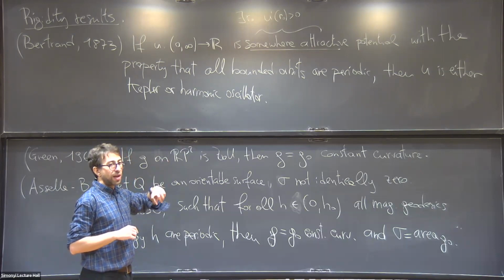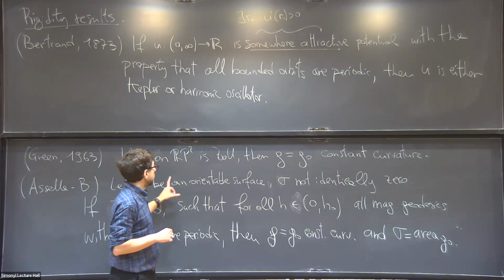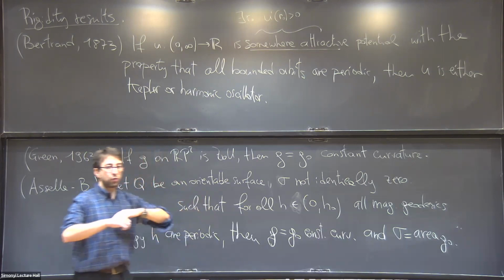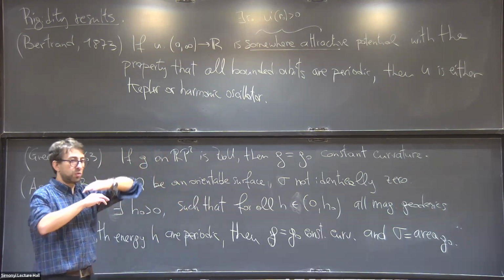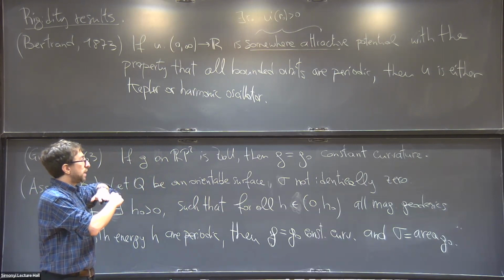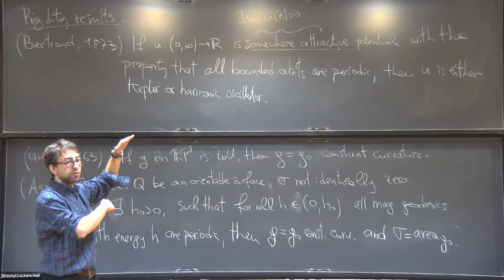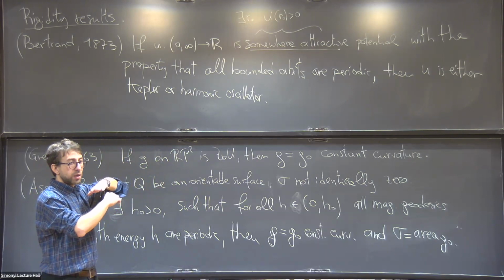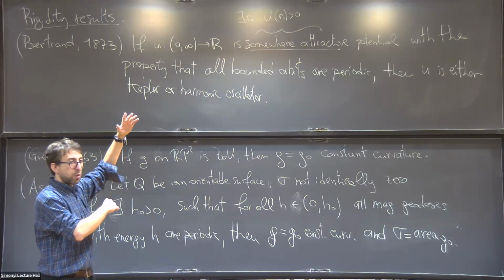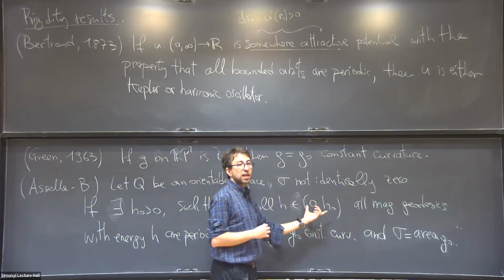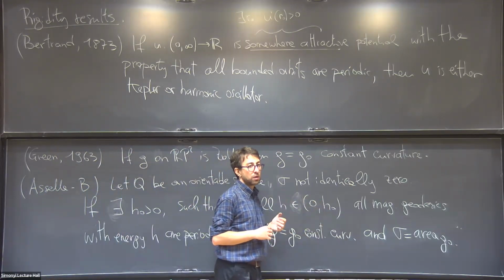In the case of S2 or the torus, you will have it for all energies. But if you go to higher genus, you will have this property only up to the magnetic critical value of the universal cover. There is a certain threshold where you then lose this Zoll property, but it's an interval exactly of this type, from 0 to some value.